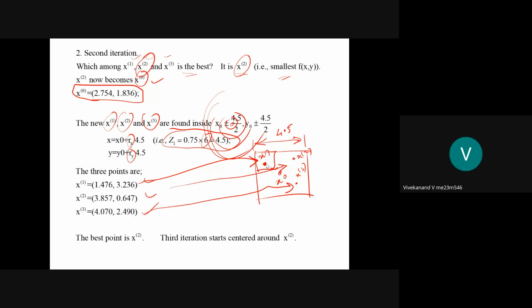Sir, one query. The first point you are finding using Rx equal to 0.018 and Ry equal to minus 0.26. That is equal to 3.108 and 1.440. The second point, x2, y2, 2.7454 and 1.836, how was that found actually?